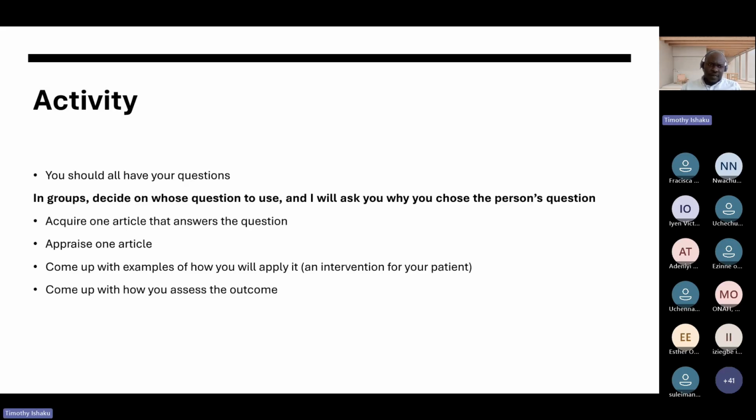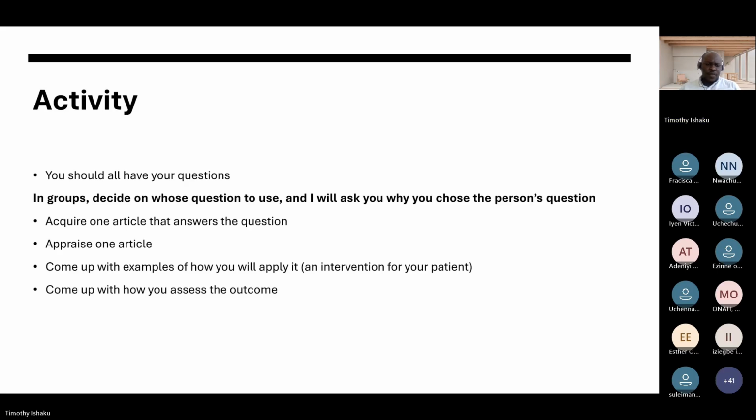We are almost above 50 or so, and I know people join at a later stage. If I split you into groups, people have difficulty getting in and out, so it might not work well. So we're going to do it as a class.